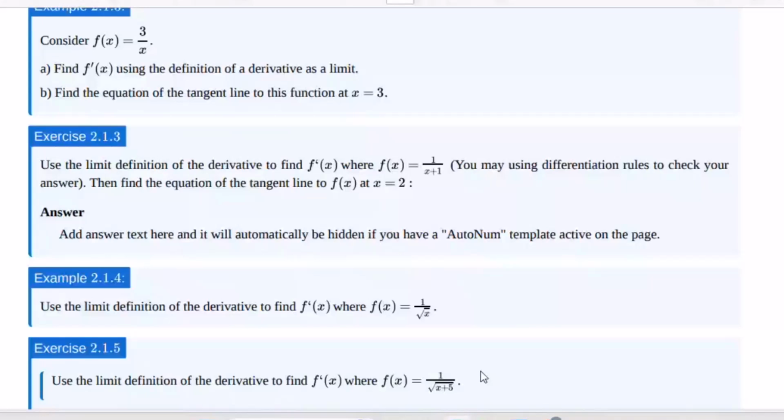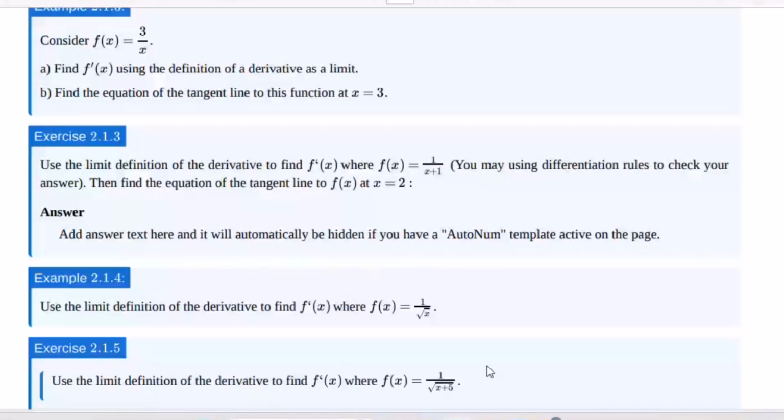Please, my sister, simplify 1 over the square root of x plus 5 plus h and tell us what you get.